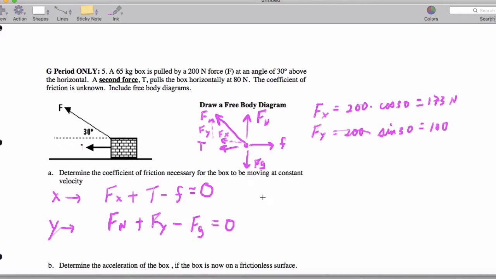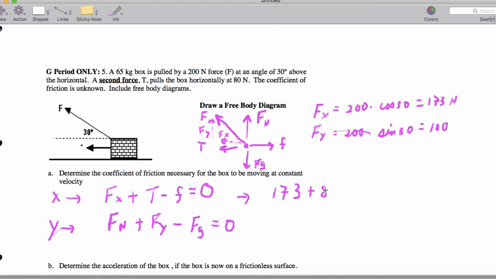Putting in our numbers, we're going to have here 173 plus the tension, which is 80, minus the friction balances to 0. So this is going to give us a friction force of 253 newtons.